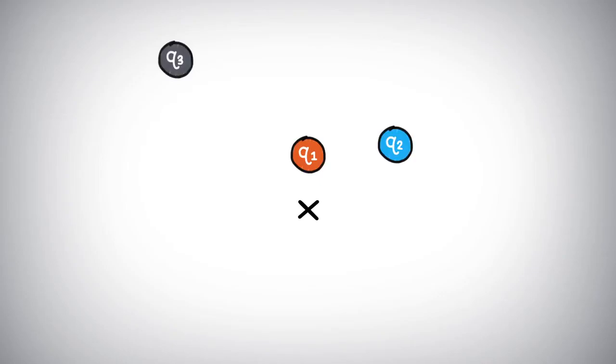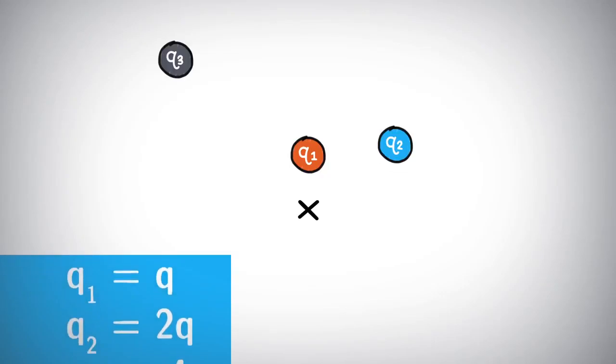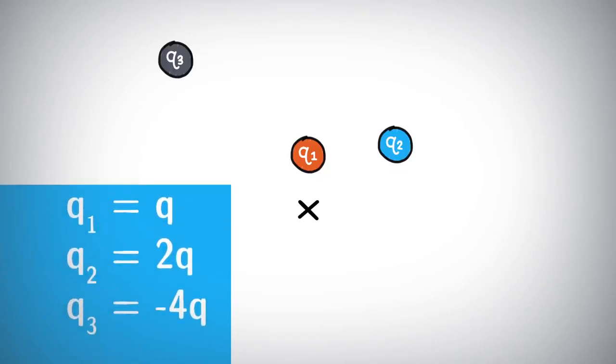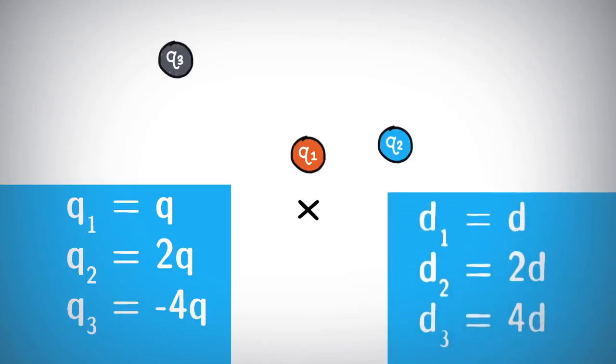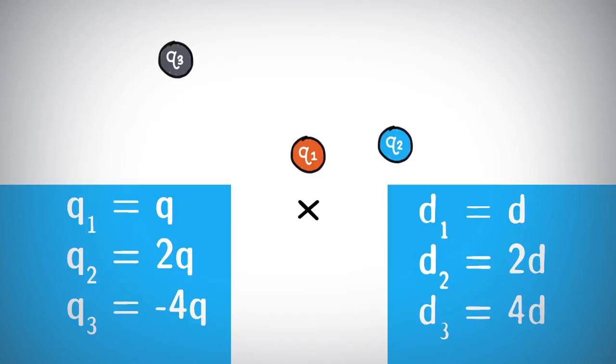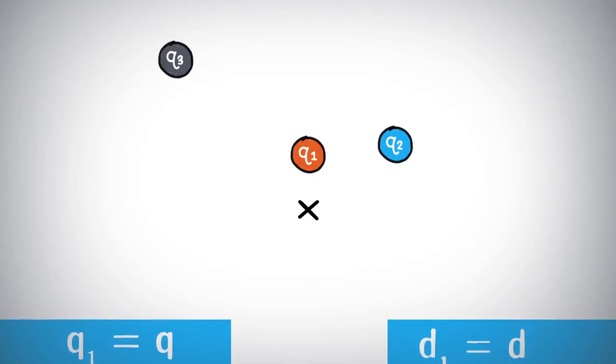Let's write down the charges in terms of a common charge magnitude Q greater than 0, with Q1 equal Q, Q2 equal to 2 times Q, and Q3 equal minus 4 times Q. Let's also write down the distances using a common length d greater than 0, where Q1 is at a distance d from location X, Q2 is at a distance 2d from X, and Q3 is a distance 4d from X. We will first calculate the electric field at X due to each source charge, one at a time, ignoring the other source charges.